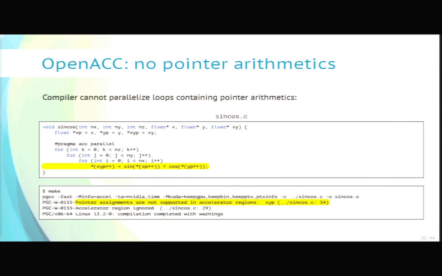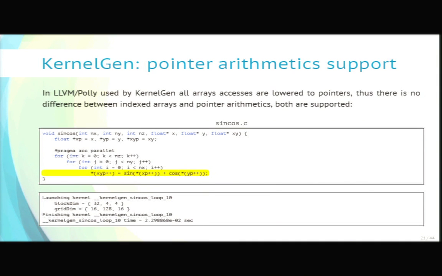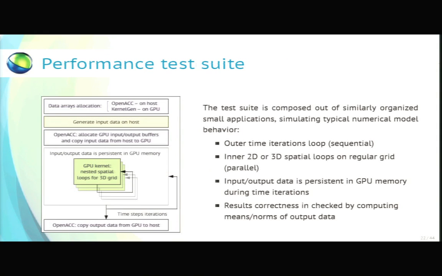And for OpenACC, for some reason, even the standard states that pointer arithmetic is not supported. So in our case, this is also parallelized. Okay, so I hope our language features are a little bit impressive.